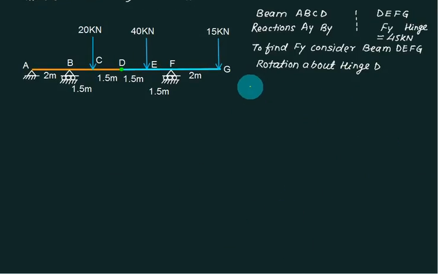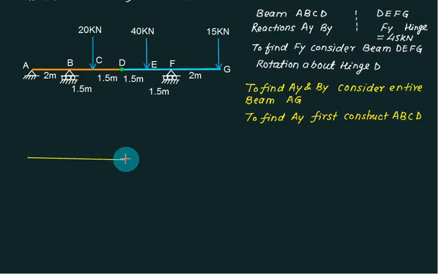To find AY, consider the entire beam from A to G. Now, to find AY, we rotate about a point. Now, where to rotate? That answer is given here.